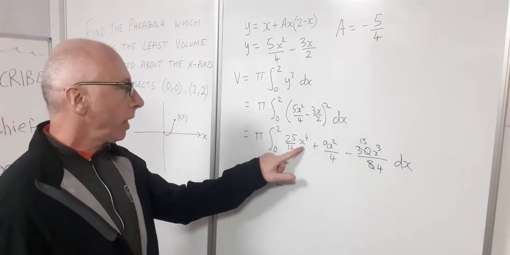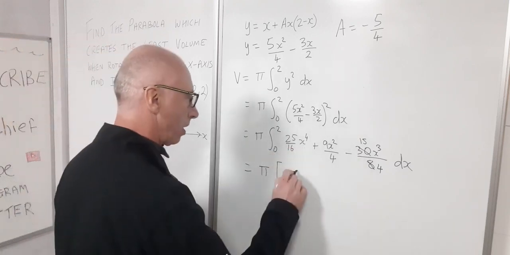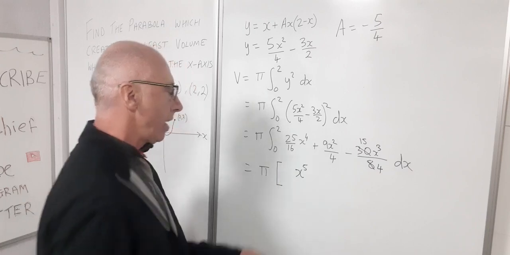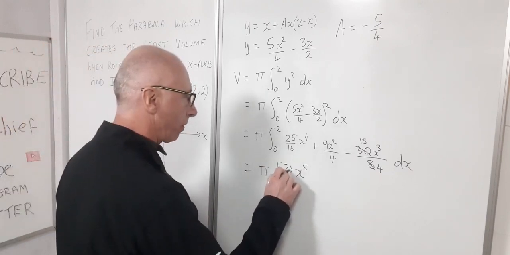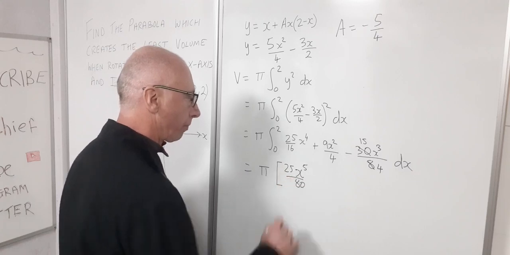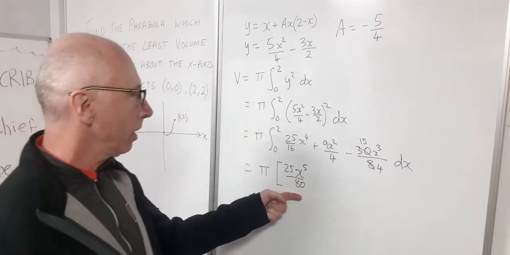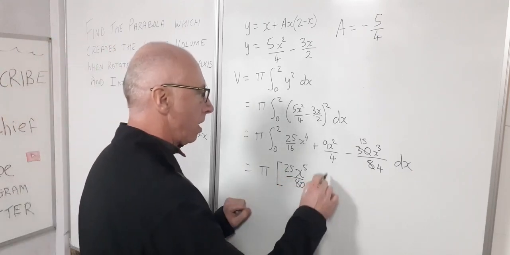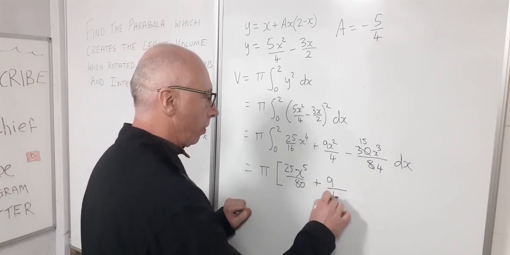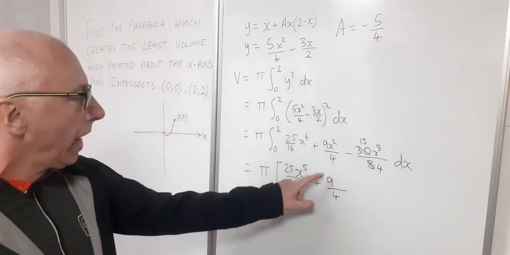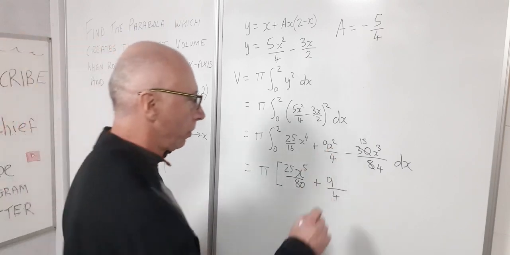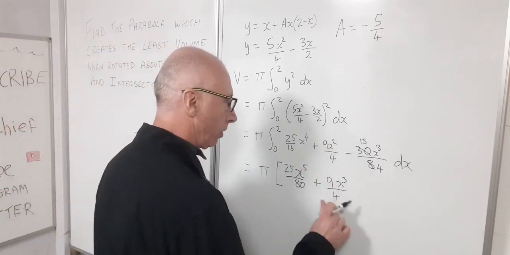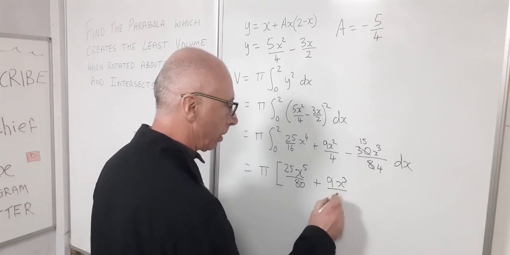So this will be x to the 5, and then divided by the new power, which is 80. So that'll give us 25 over 80. Okay, we'll simplify that off in a minute. And then add 9 over 4, and then x cubed, and then 4 times 3 is 12. So x cubed, 4 times 3, that will now give me 12.